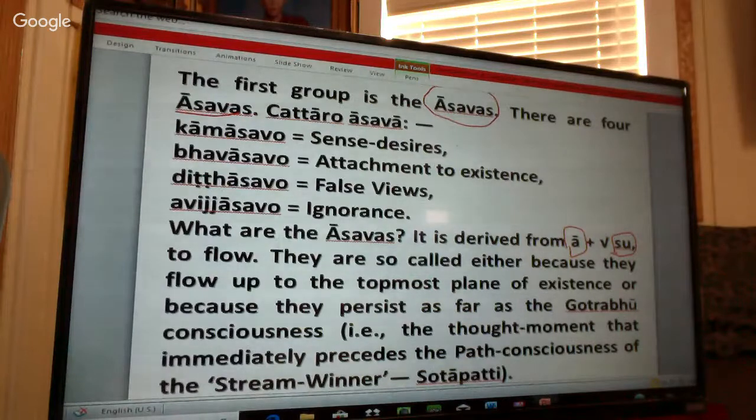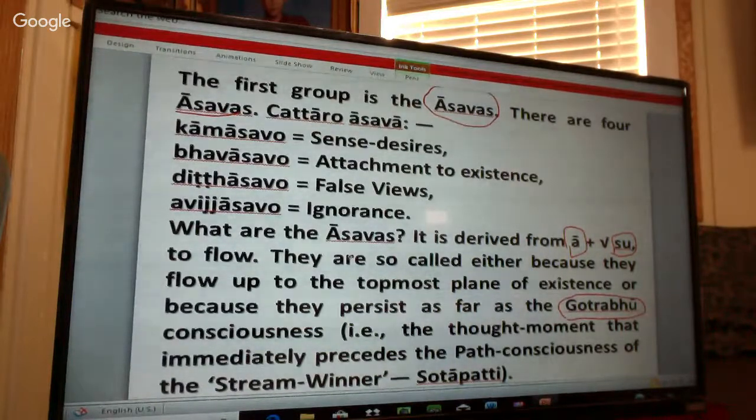It is the last citta, last mind for the common person, and the first of the noble person. So this is a borderline.